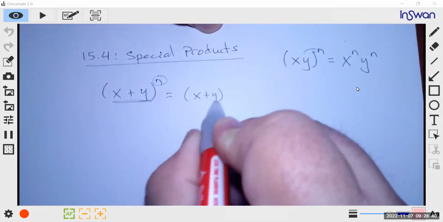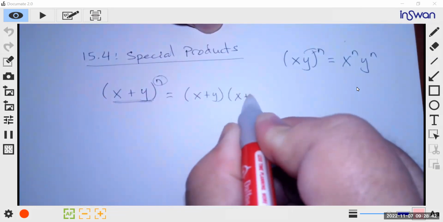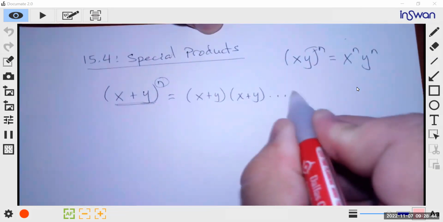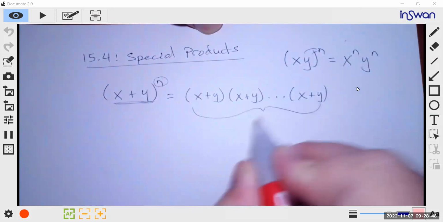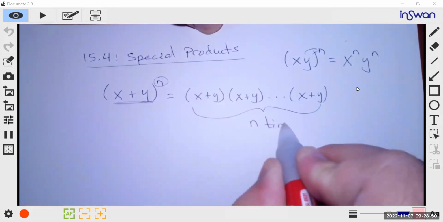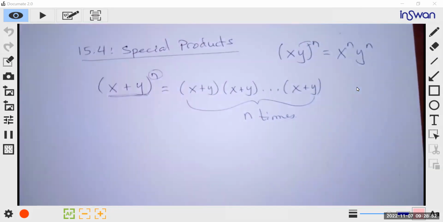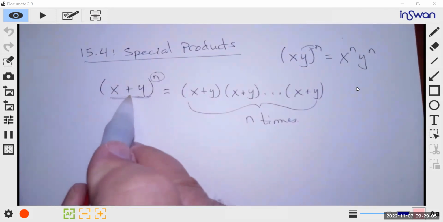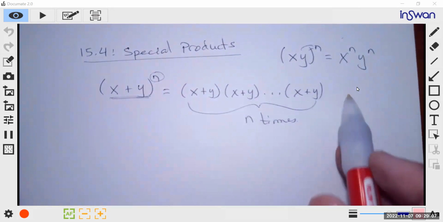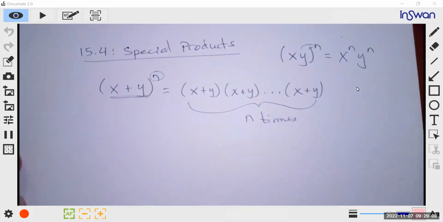This whole equation is multiplied by itself n times. So here's the first one. Also, if this was a minus, you'd have x minus y all the way through here. So it doesn't matter the sign there.